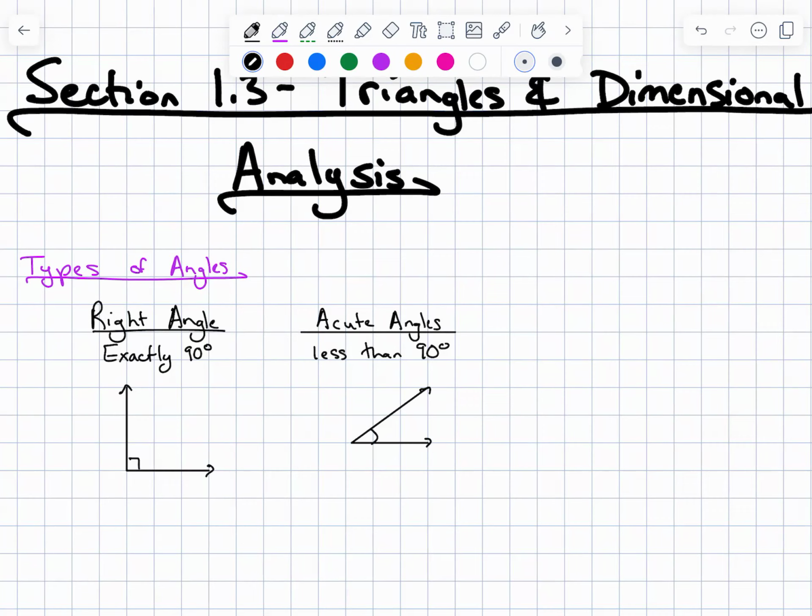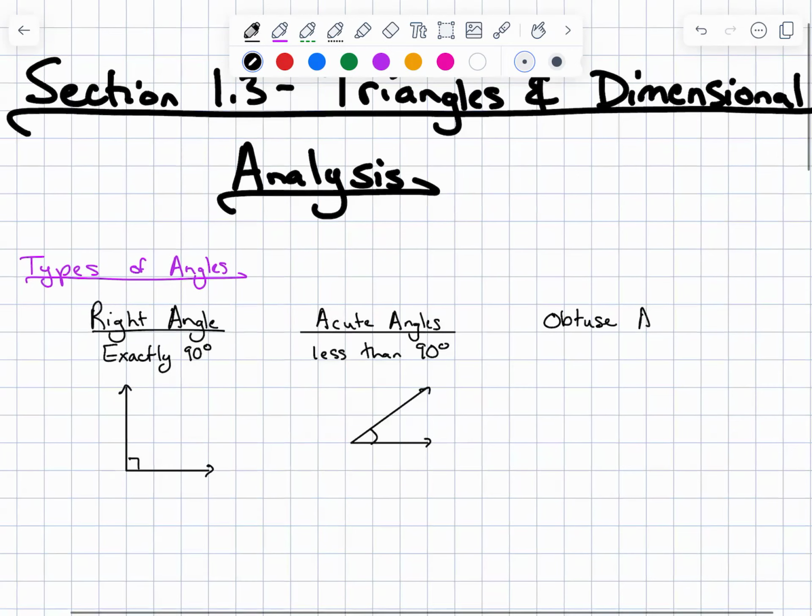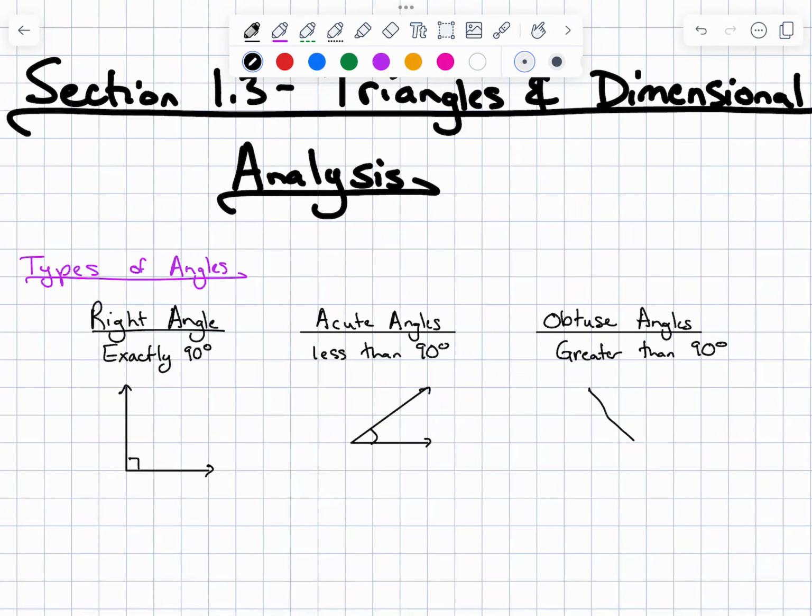And looking at that, that looks about like maybe a 40-degree angle or something like that. So that's that one. And then, of course, the last type of angles are obtuse angles, which are angles that are greater than 90 degrees. So you have things like this.